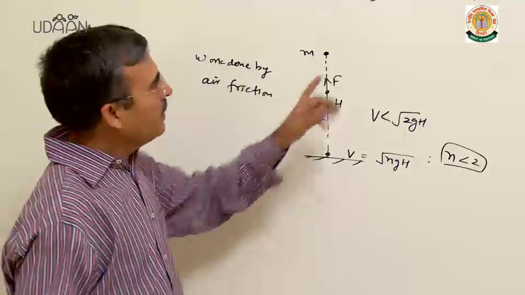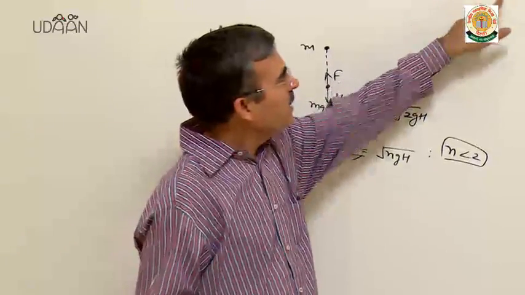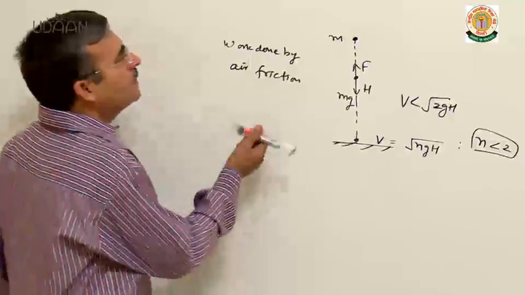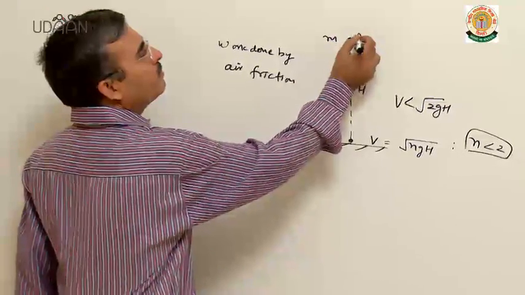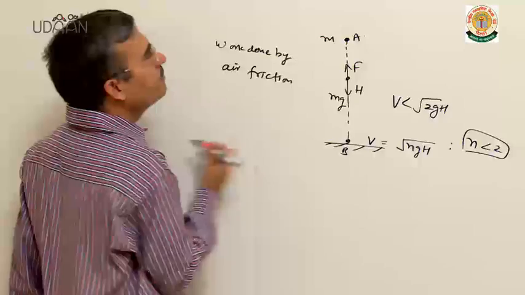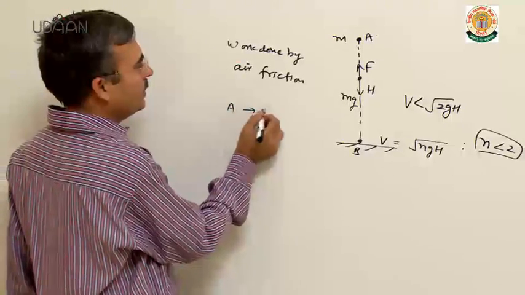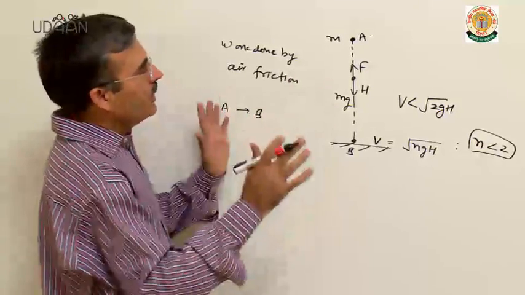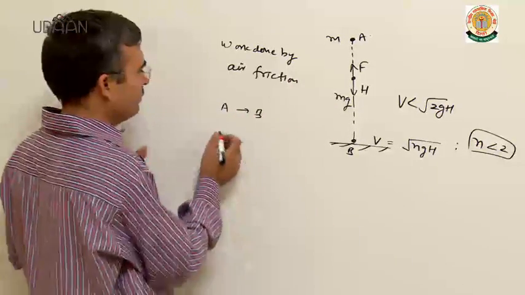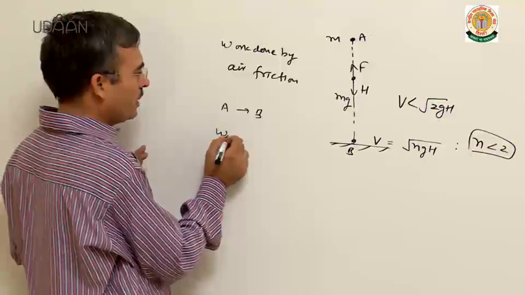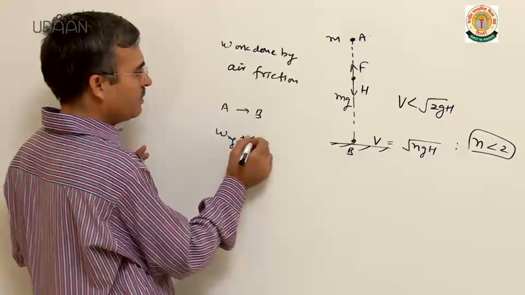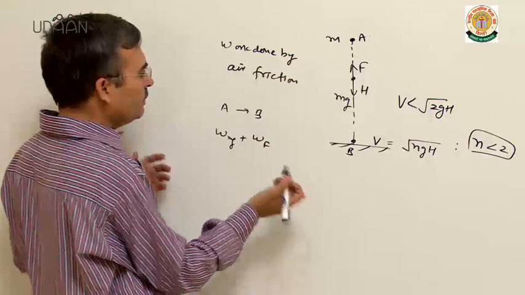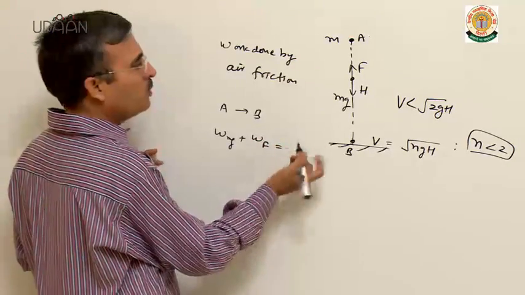How? By applying work energy theorem. It's a very important theorem. From position A to B, ये कैलकुलेट करते हैं टोटल नेट वर्क डन बाय ऑल द फोर्सेस. तो वर्क डन बाय mg प्लस वर्क डन बाय एयर फ्रिक्शन, और कोई फोर्स नहीं है.